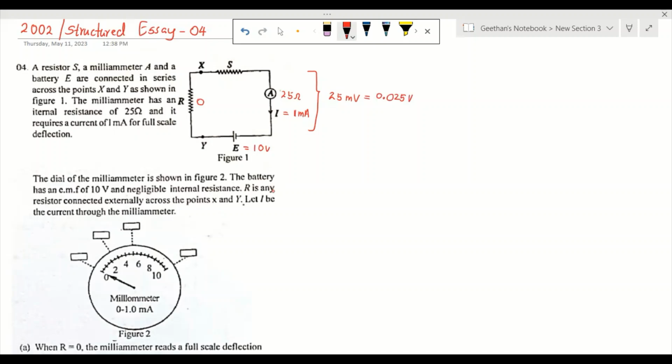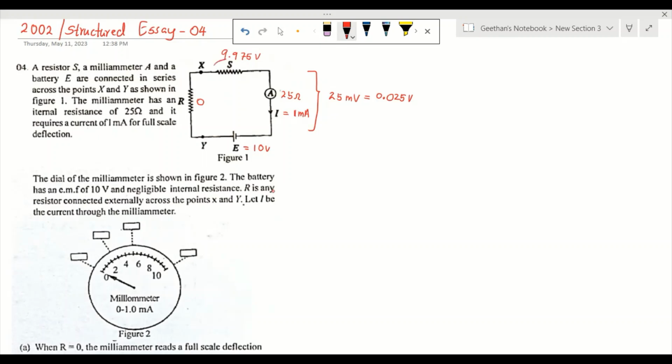So 10 minus 0.025 volts is the potential difference across S. That is 9.975 volts.